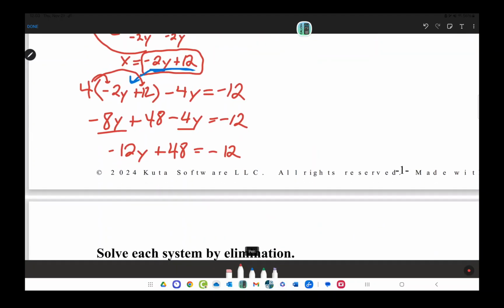Very good. Subtract 48. We get negative 12y equals negative 60. And divide by negative 12, y equals 5.